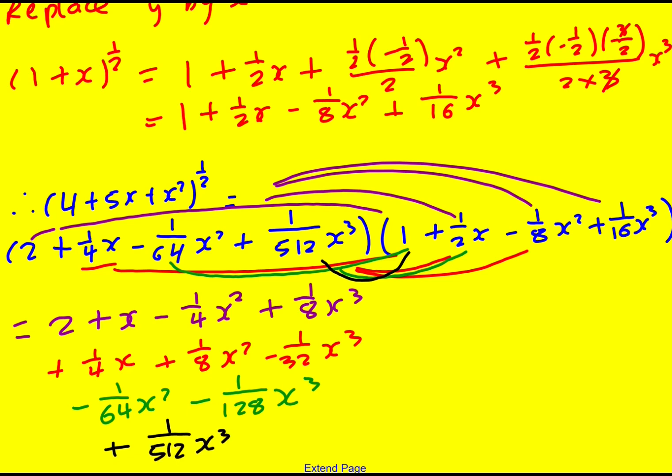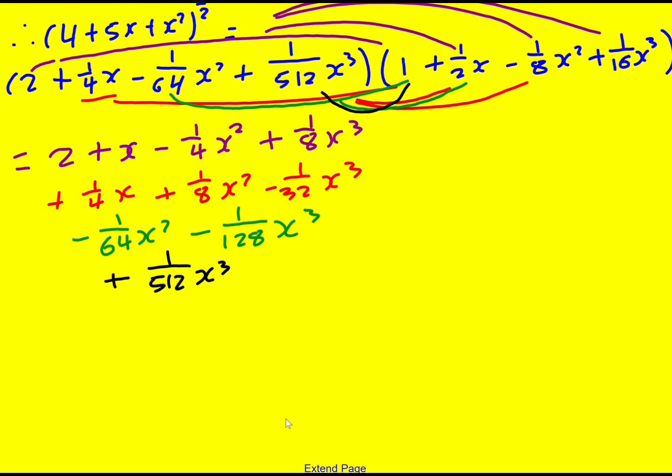We can ignore all the rest because there'll be higher powers than x cubed. All right, let's bring this together to get the answer. So I've got the single 2 by itself, and I've got x plus a quarter x to give me 5 over 4x. And then let's deal carefully with the x squareds.